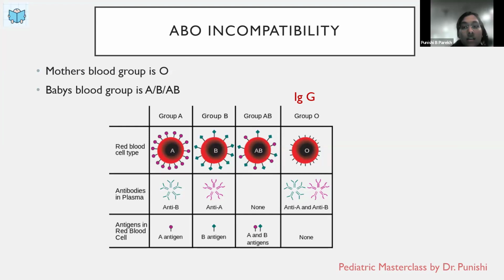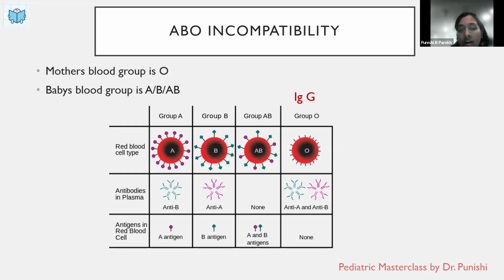Okay. Just to repeat this again, let's take another combination where the mother is blood group O and baby is blood group B. So the baby has B antigen, the mother has both anti-A and anti-B antibody. Now the IgG type of anti-B antibody in the mother will cross the placenta and will attack on the B antigen in the baby.